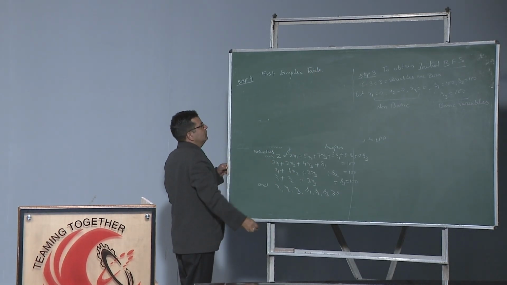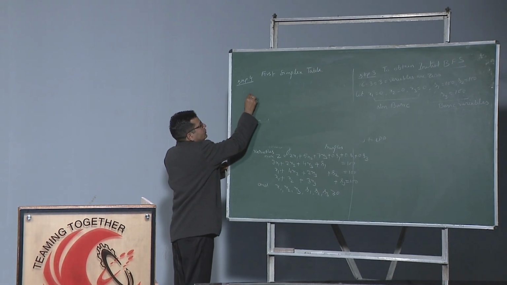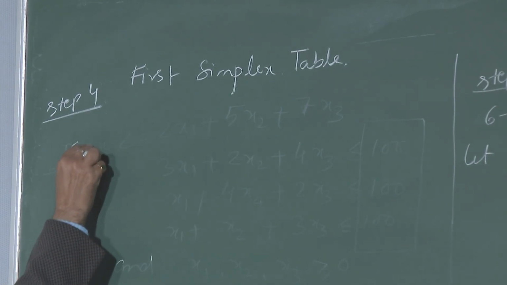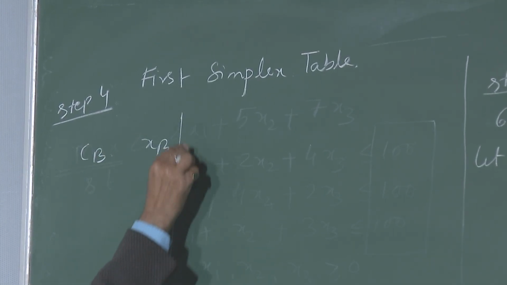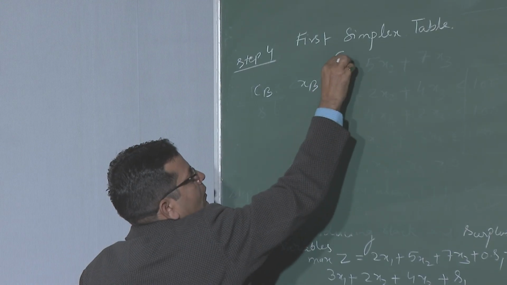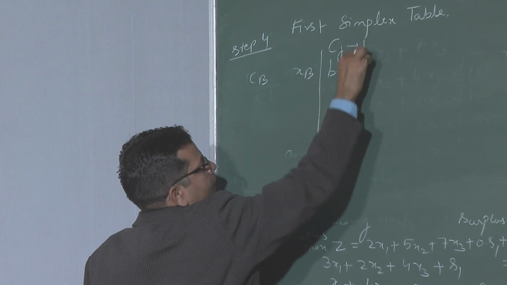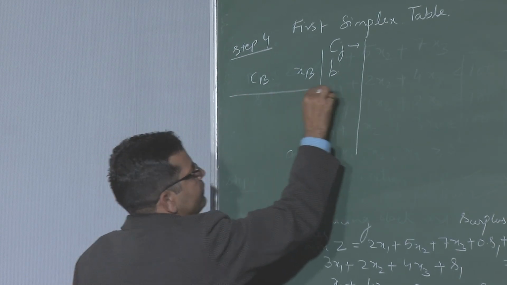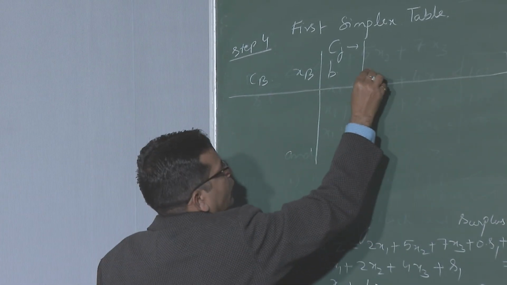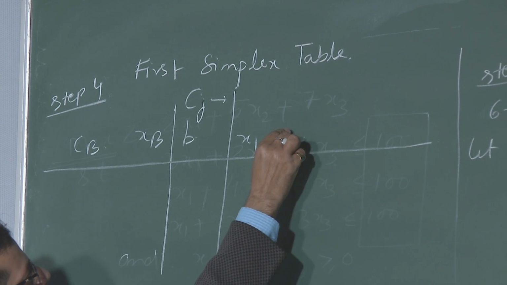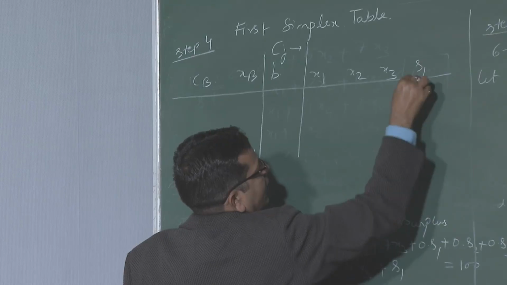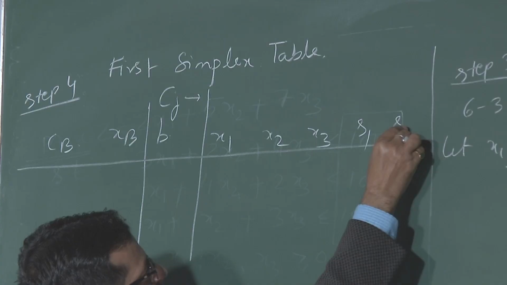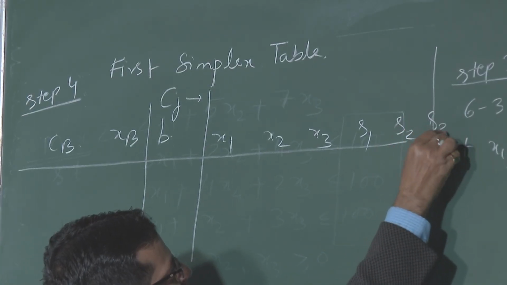In the first simplex table, we use CB, XB, B, Cj, and we put the variables x1, x2, x3, then S1, S2 and S3.